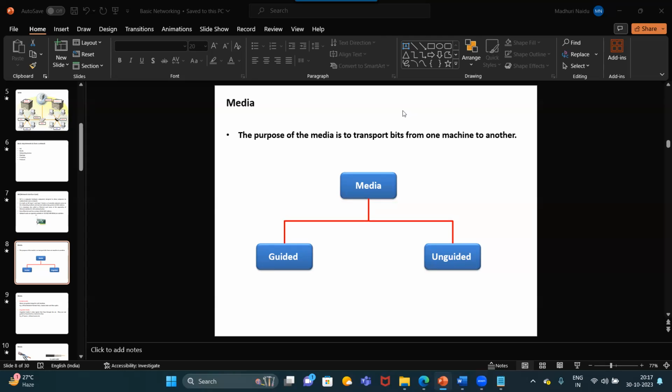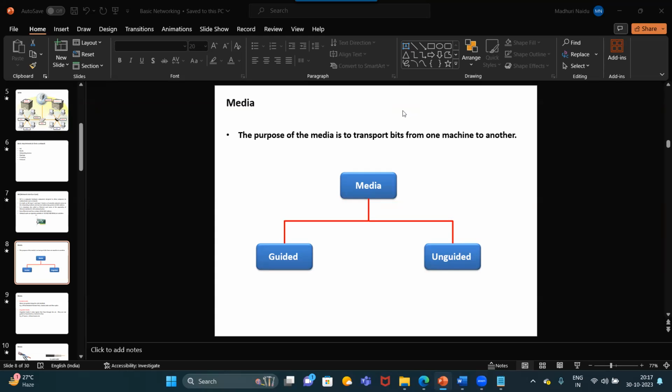Okay, can anyone tell what is an example for guided media? Internet through cables, Ethernet cables. Exactly. An example for guided media is cable. When we use a cable connection from one device to another device, it will transfer the data through that cable path only.